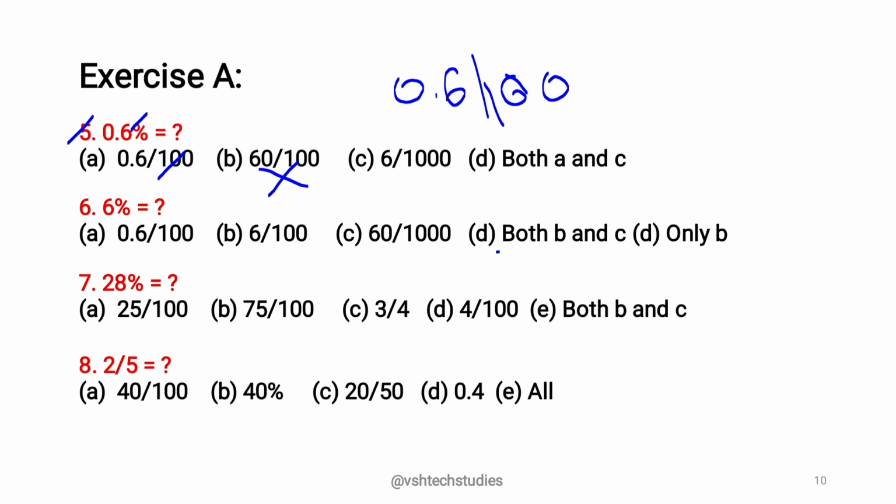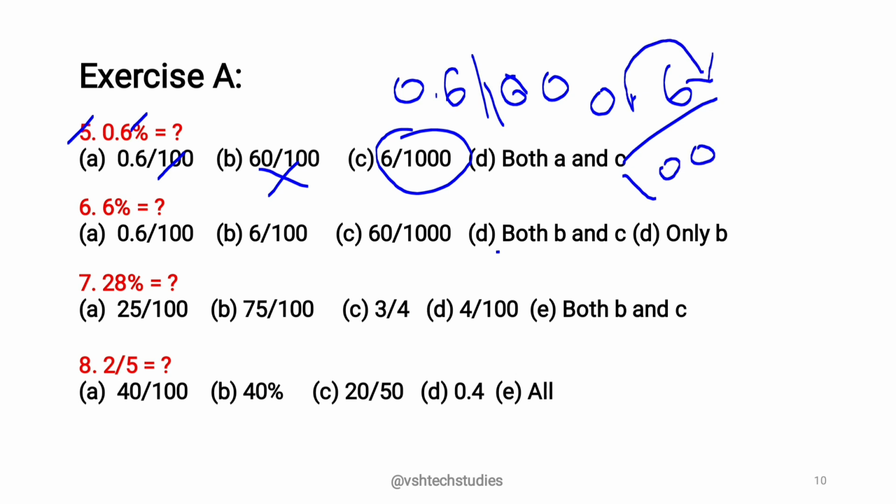Next we have to check this 6 upon 1000. So 0.6 upon 100, you shift the decimal by one place, then we have to add a 10 here. So it is equal to 6 by 1000.